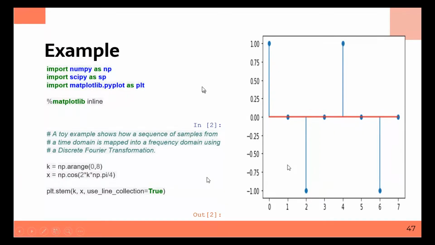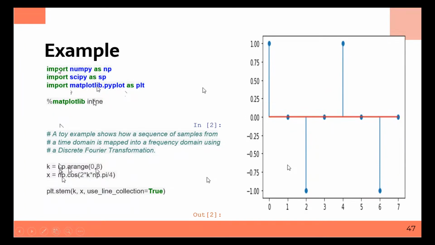Import numpy as np, scipy as sp, and then matplotlib.pyplot as plt. Then percent matplotlib inline. Then we have np.array, arange in numpy. This is going to generate the 8 numbers as an array, and that will be added to the k.